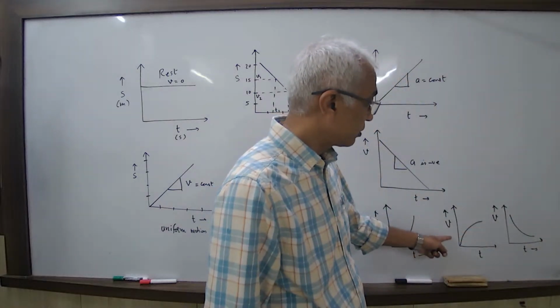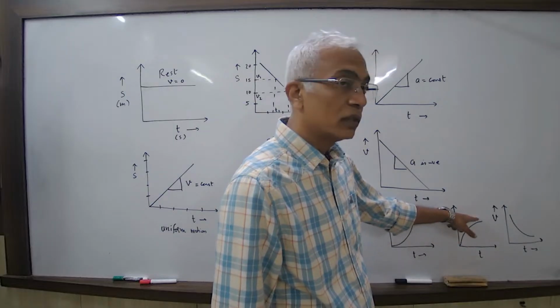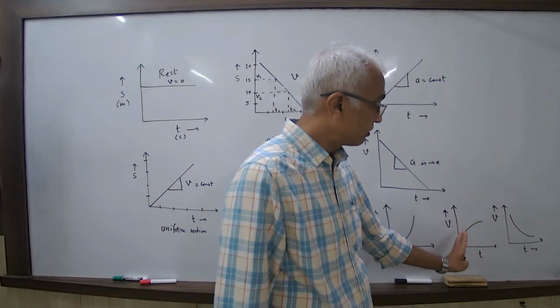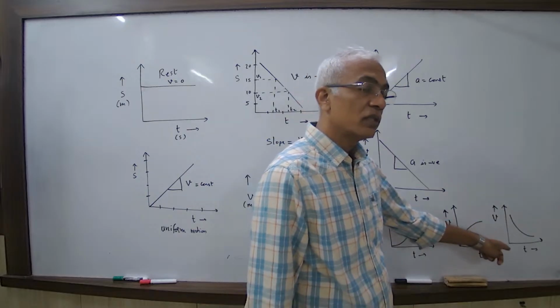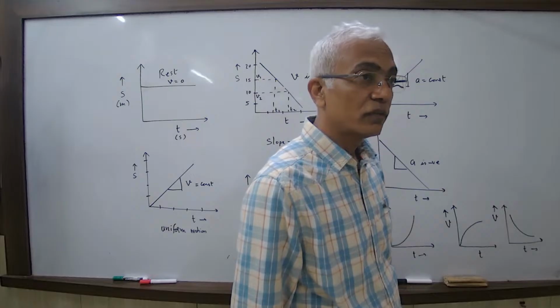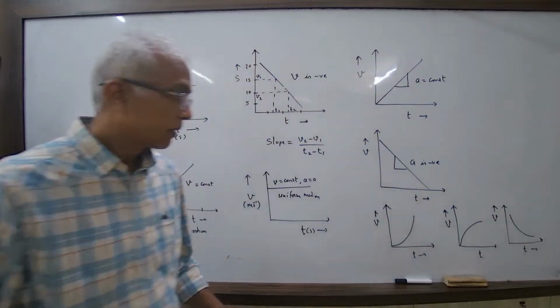See here, everywhere the velocity is increasing. Now velocity is constant when it becomes zero slope. Till here velocity was increasing only. But in retardation, velocity should decrease. Now the velocity is decreasing for the first time. Okay.